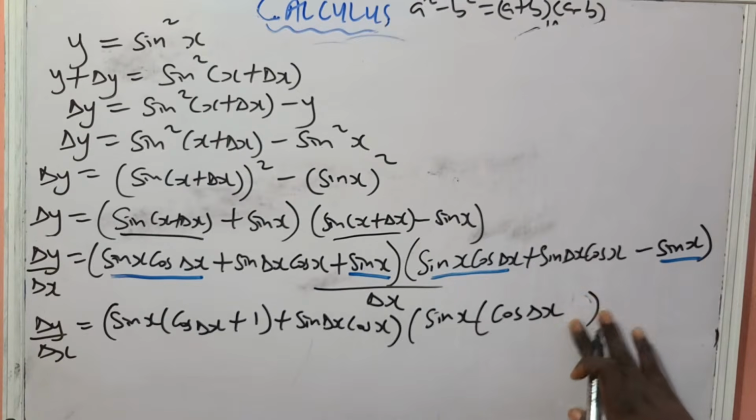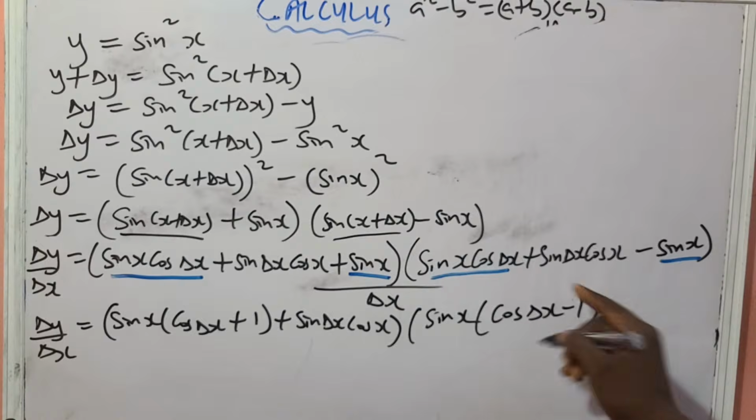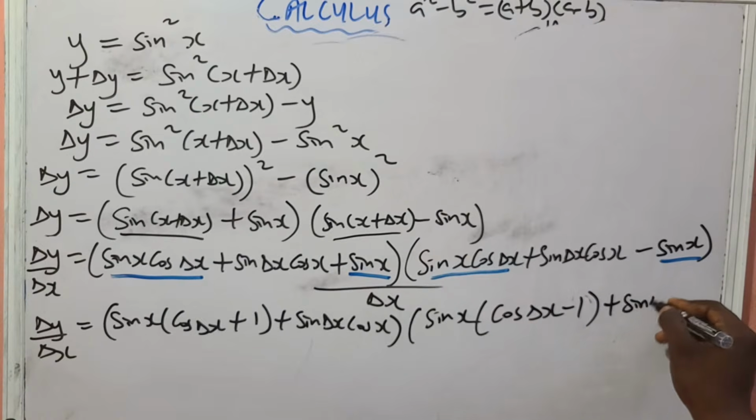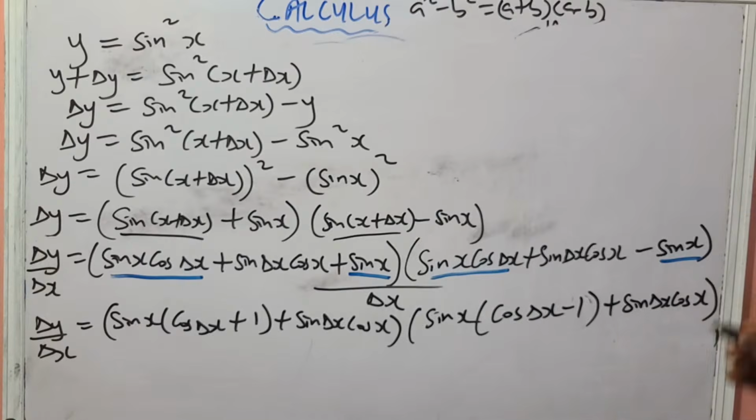So if we have minus 1 here, then we have this left over being written here, plus sine change in x cos x. Good. So now all divided by change in x.